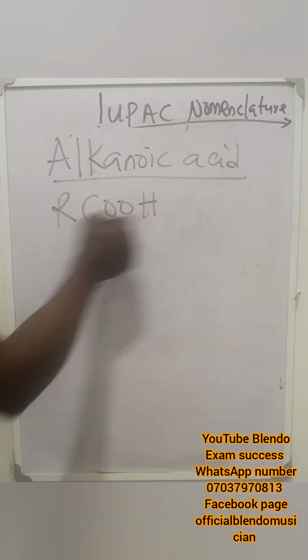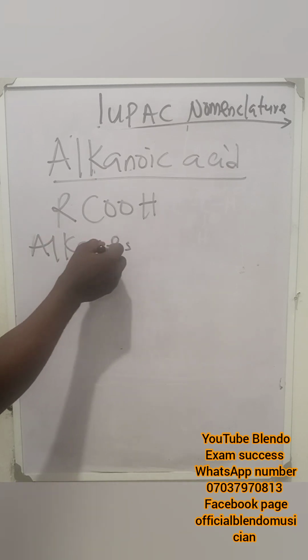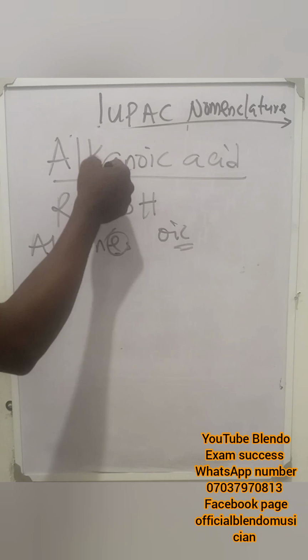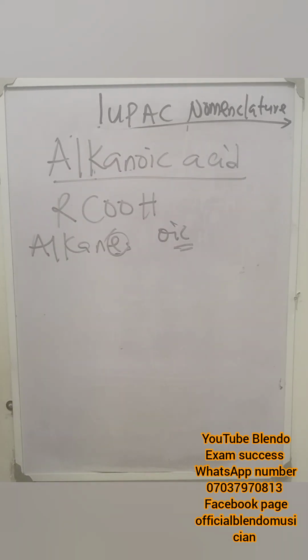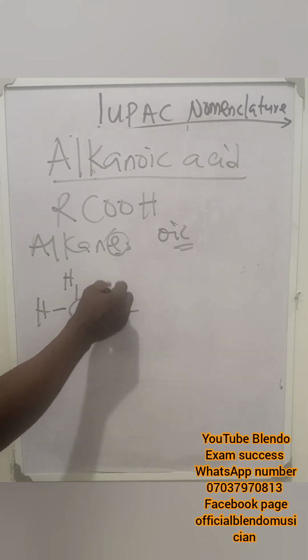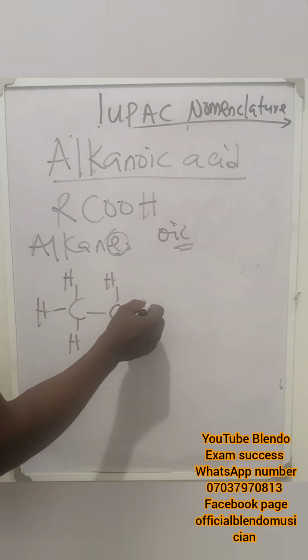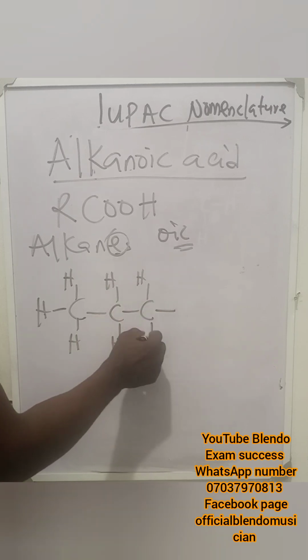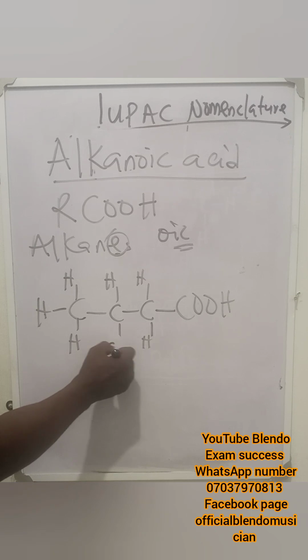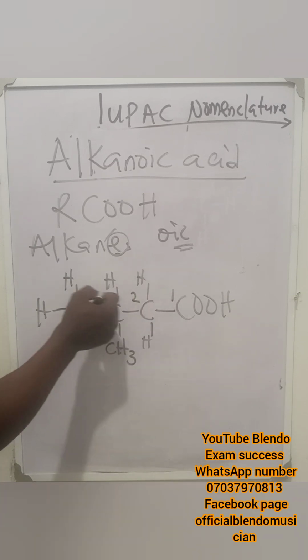The functional group of alkanoic acid is RCOOH. Alkanoic acid is a derivative of alkanes, whereby the e is replaced with oic acid. It has the formula CnH2n+1COOH. So if you want to name it, you start from COOH, numbering it from there.